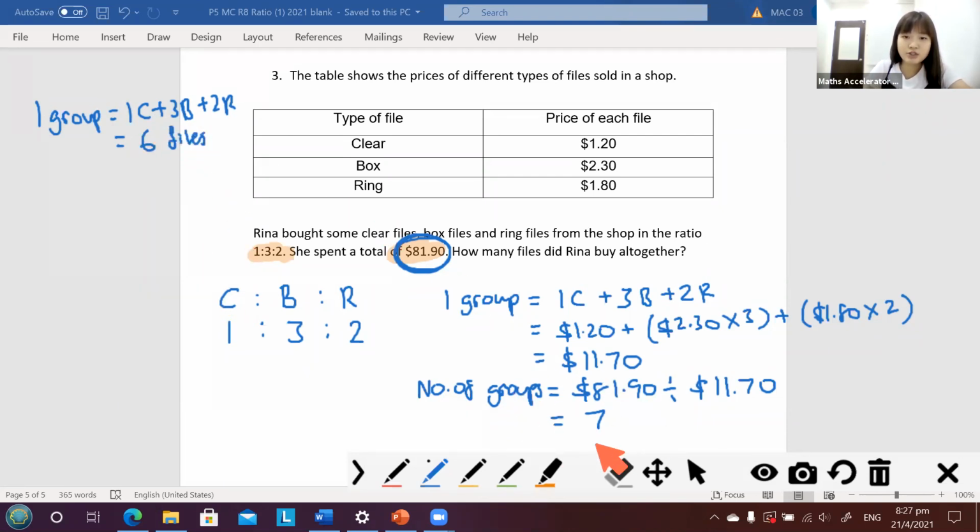So we found out that she has 7 groups of these 6 files inside her total. So your final answer, find 7 groups, 6 times 7, which will be 42. Those of you who got 42, that's correct. 42 files.